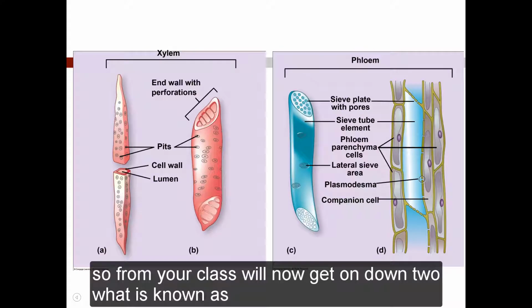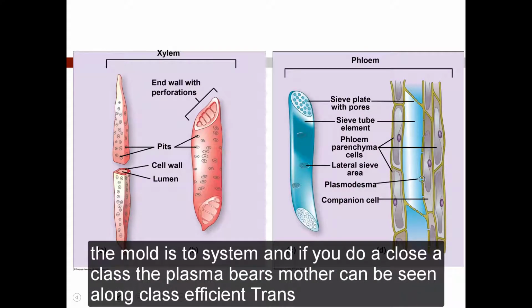So from here, class, we'll now get on down to what is known as the dermal tissue system. And if you do look closely, the plasmodesmata can be seen to allow efficient transport.